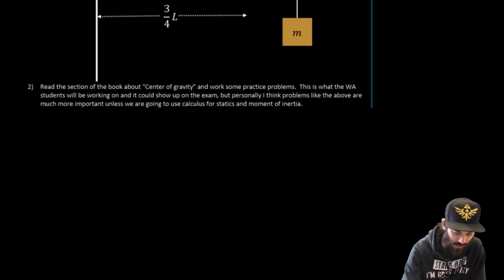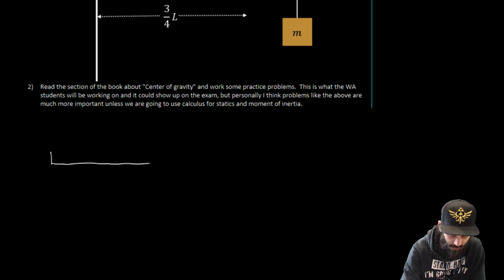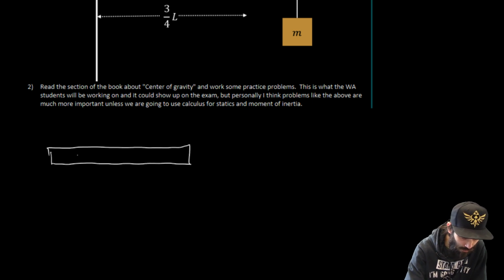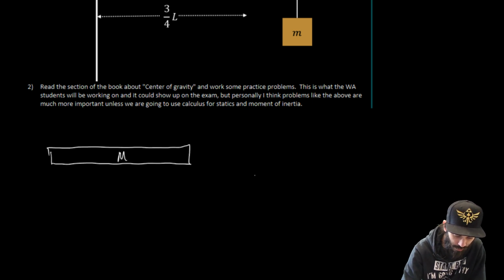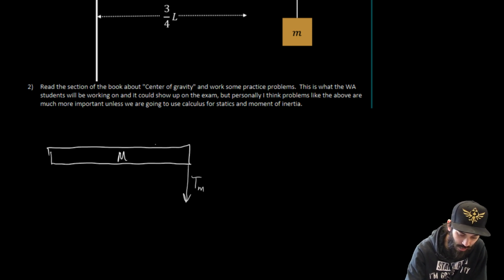So here's our beam of mass capital M, and this has several forces acting on it. This is the tension that the mass hanging right here is exerting on it. There is the tension in the string connected to the wall. There is the normal force, or the force from the wall, acting in the y direction.